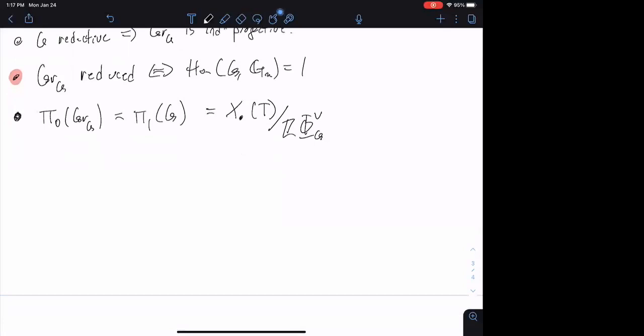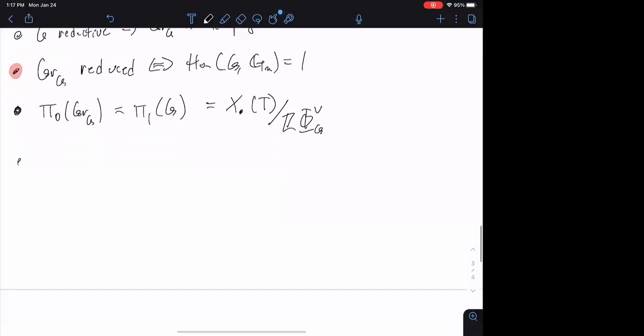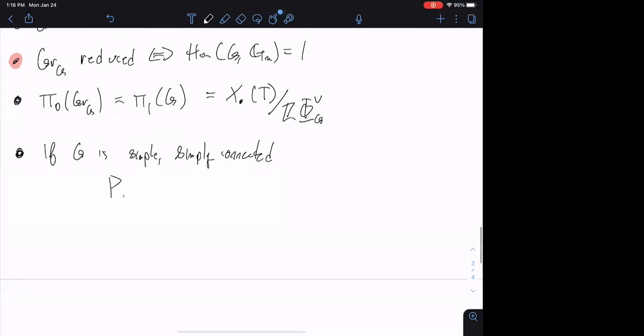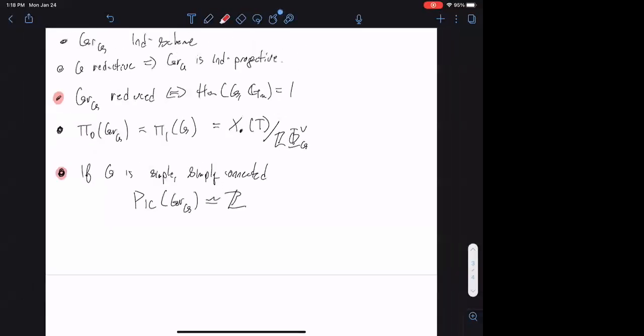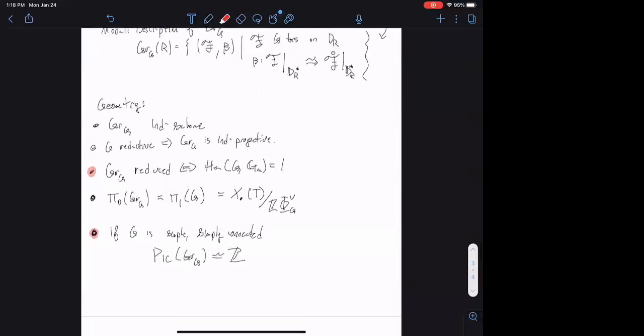So I get this statement on the components. And then the next important point that I want to belabor a little bit is that if G is simple and simply connected, then we have a good description of its Picard group. The Picard group of Gr_G is Z. Okay, this is the second point that I want to go over with a little more attention. So these are some of the facts that we have.